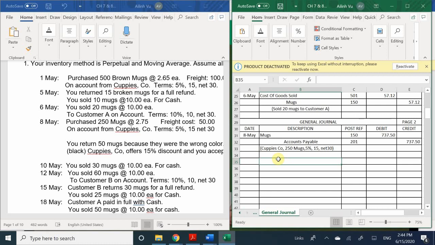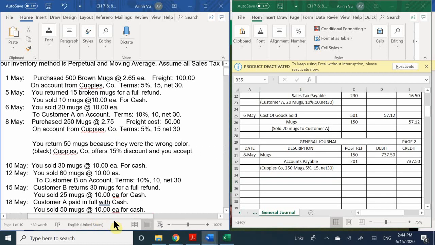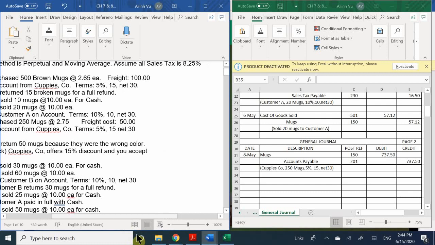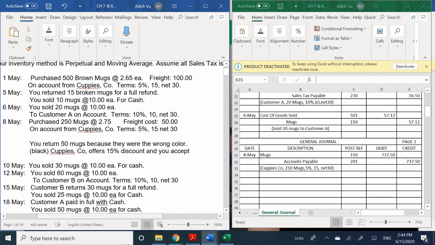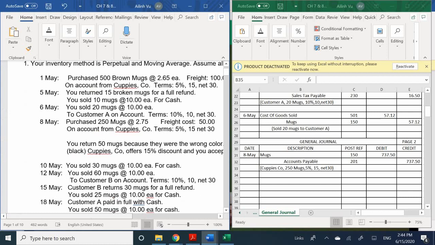We returned 50 mugs because they're the wrong color. Okay. Cuppies offers a 15% discount, and you accept it. I could write that part in. No worries.